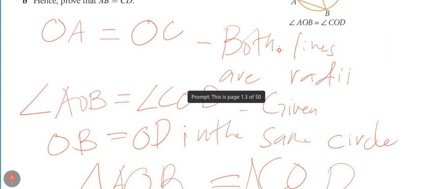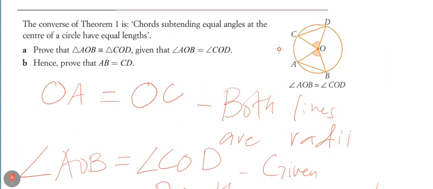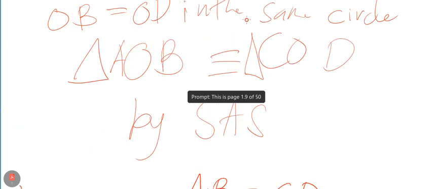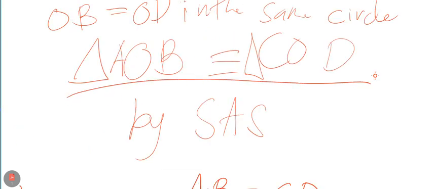Looking at the figure again, since we have already established that the two triangles are congruent in the first part, we can see that the two triangles are the same.